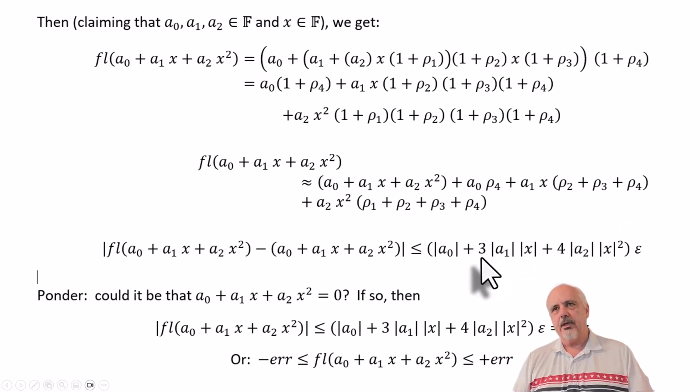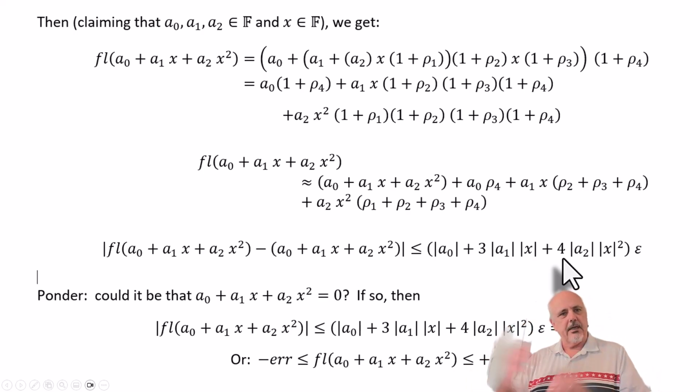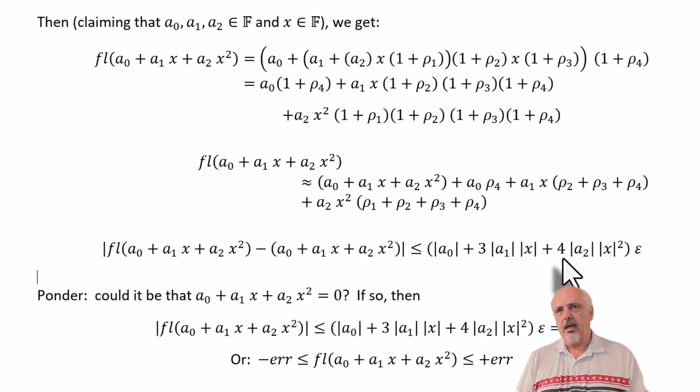So that's where that 3 comes in. So I recognize there's going to be 3 operations that contribute with this term. And then for the a2x squared, I recognize there's going to be 4 operations because each one of these is going to be less than epsilon. And I'm able to factor that epsilon out of the whole thing. And now I'm in pretty good shape.